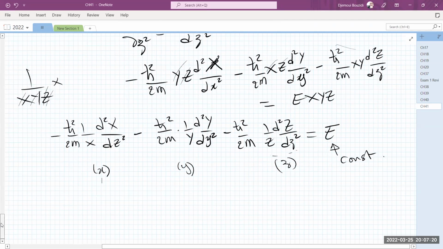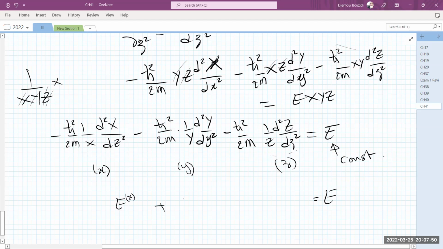So what I could say in here is I could impose the following condition, that E, the total energy, must be a sum of contributions. Because this is a free particle, the only thing that is coming is the kinetic energy. So there is a contribution to the kinetic energy from the motion in the x-axis. I'm going to write it as E sub x. I don't mean e to the power x, or that E is some sort of a vector. No, it's just a contribution to the total energy of the system coming from the motion along the x-axis direction.